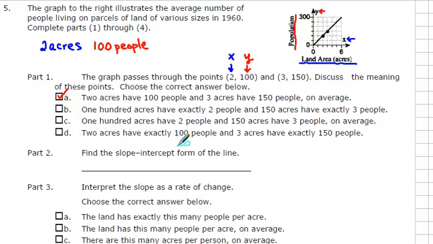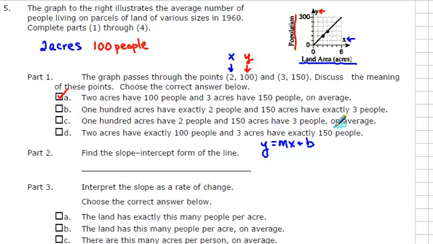Part 2 says find the slope-intercept form of the line. So let's recall the slope-intercept form of a line. The slope-intercept form of a line is y equals mx plus b, where m is the slope and b is the y-intercept.